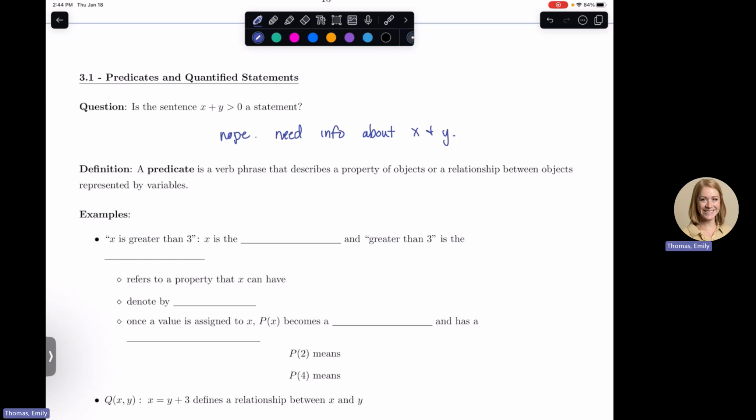So for this thing, x is greater than 3, x is the subject, and greater than 3 is the predicate. This is a property that x can have. We're going to use function notation, so P of x. Once we have a value assigned to x, then it becomes a statement and has a truth value. Before that, it doesn't.